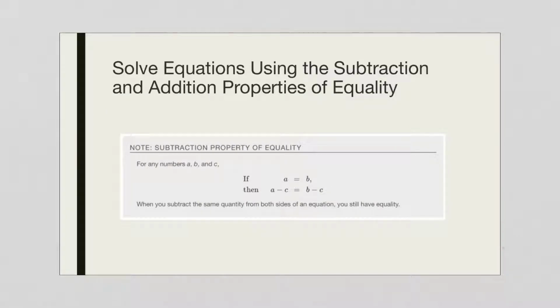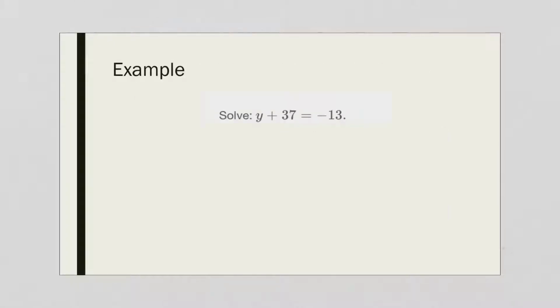All right, so this page just says that if A equals B, then if you subtract C from both items on both sides, then you will still come up with something that is equal to each other. Let me show you what I mean by that. So this says y plus 37 is equal to negative 13. What you want to do is ask yourself, what is happening to the variable y?